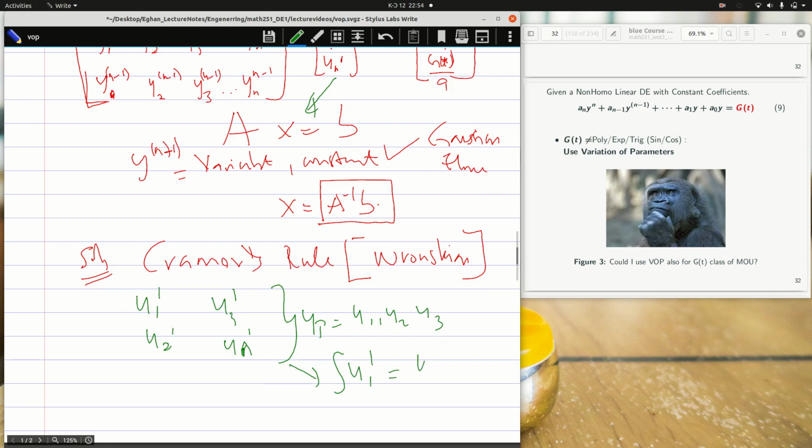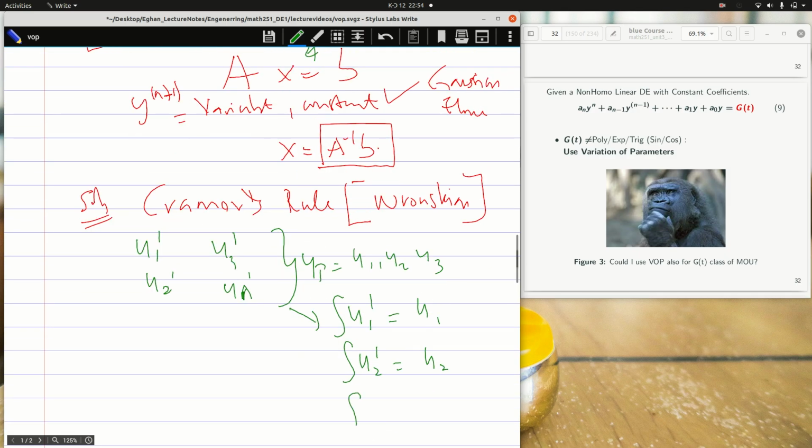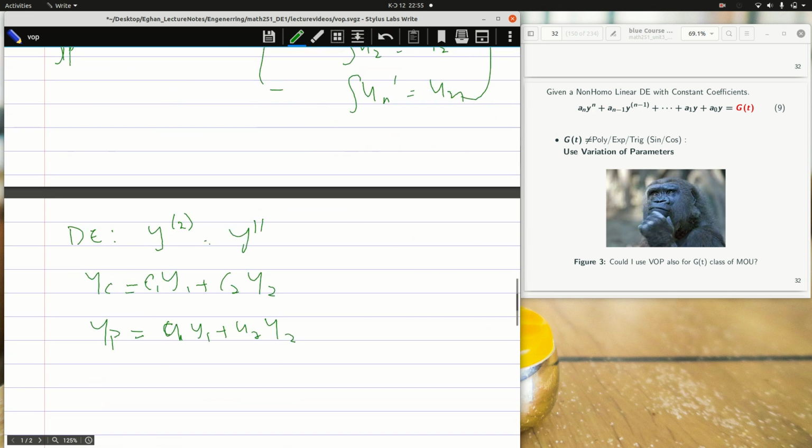I have to integrate u2 prime to get the u2, and so on and so forth. So this is the last thing you go through to be able to write your yp's out. If you found u1, then you can replace u1, then your solutions in that order. Okay. Having said that, let me move ahead with my example.